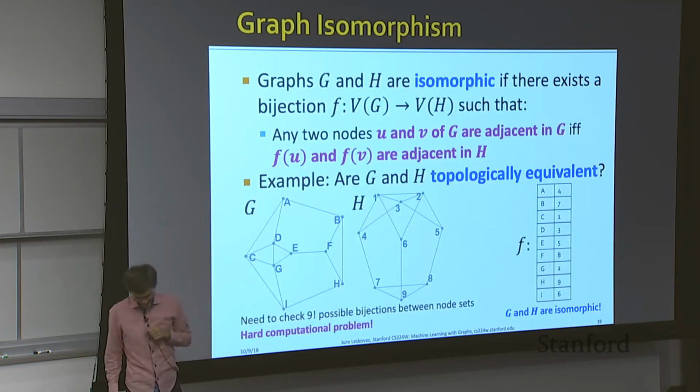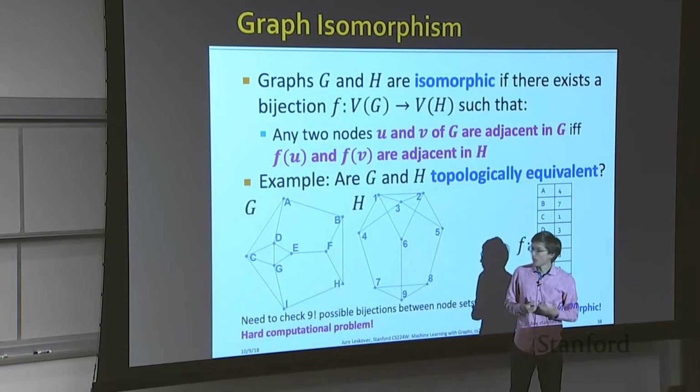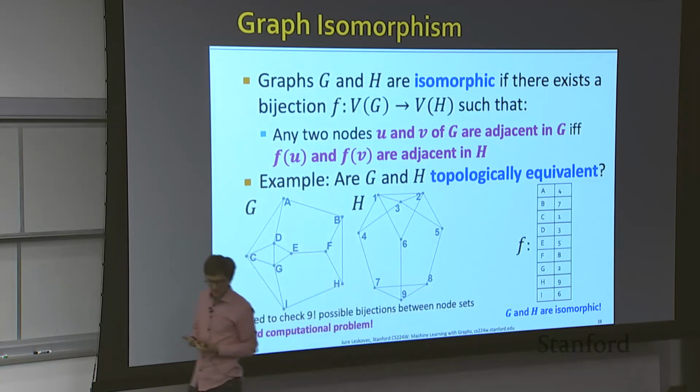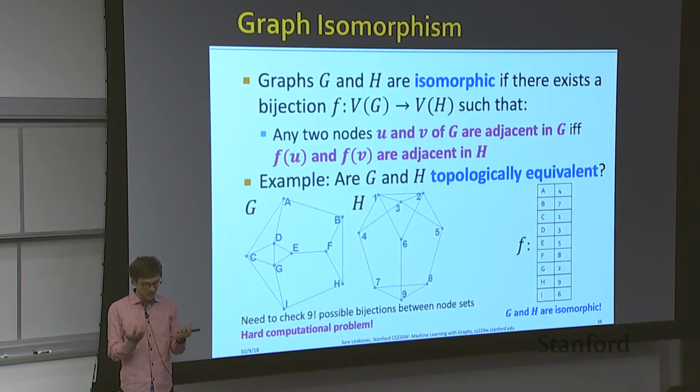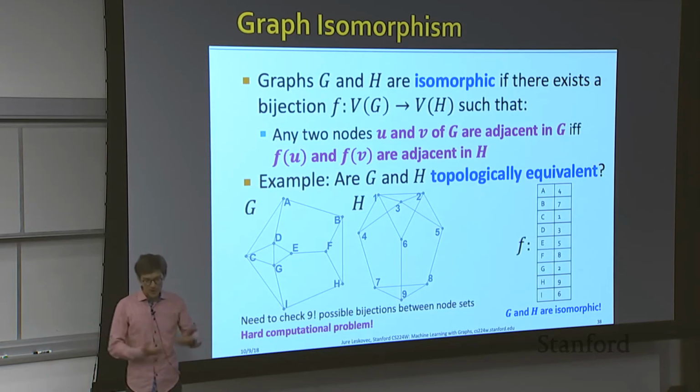All right, good. So all I want to show you is the problem of graph isomorphism. Graphs G and H are isomorphic if there exists a mapping from one graph to the other so that all the edges match.